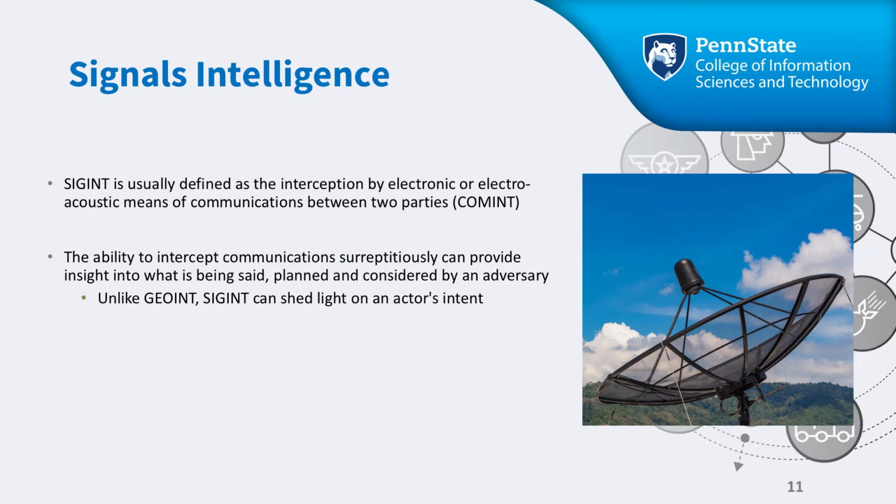Now, you could say that GeoInt can also shed light on intent. If photographic evidence shows a massive army massed on another country's border, that can show an intent to invade. That's true, but not to the extent that signals intelligence can. What terrorists are saying to each other when they think that nobody's listening can provide very useful intelligence as to their intentions.